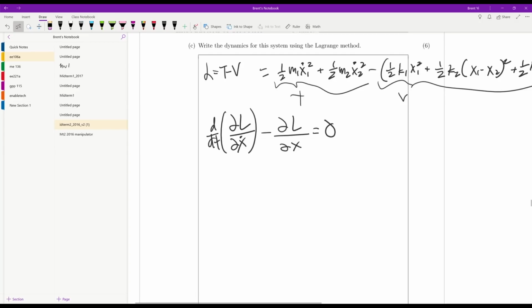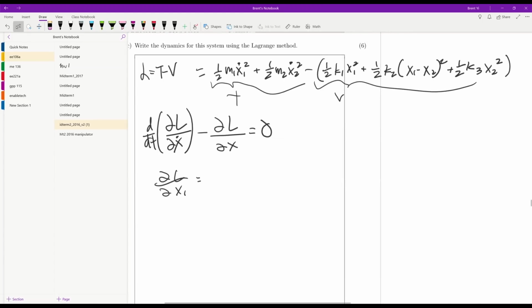Start with dL over dx1. We can just do this by inspection. It's a pretty simple derivative. None of the terms in T matter, just this one and this one, so that's the only thing that contains x1 and x2. Just take the derivative and we should get negative k1 x1 minus k2 times x1 minus x2.